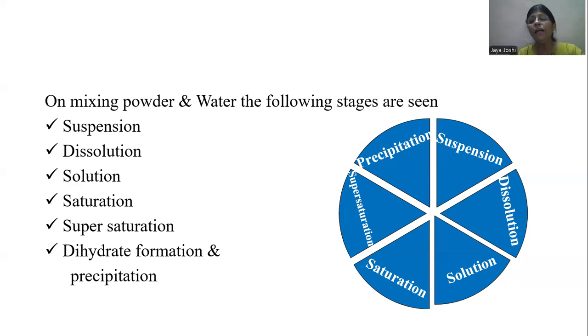So whatever dihydrate has been formed, it starts precipitating out of the reaction. Now, once this dihydrate starts precipitating, the remaining solution no longer remains saturated and more hemihydrate starts dissolving in it. So this process continues till all the hemihydrate gets converted to dihydrate.